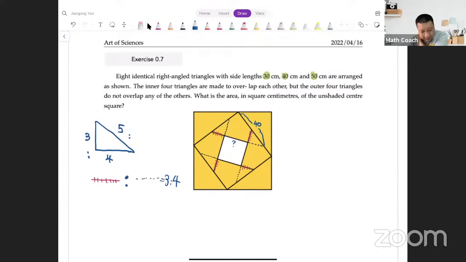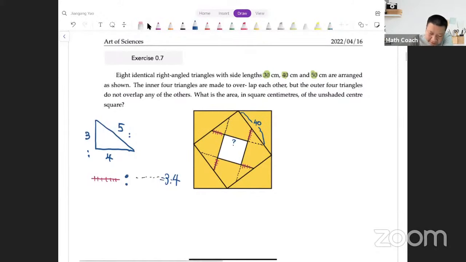And the other thing is this is 30, right? So if this is 40 and 30, we can use the principle of inclusion and exclusion: 30 plus 40 minus 50, right? So the overlap part should be 20. So I write here it's 20.